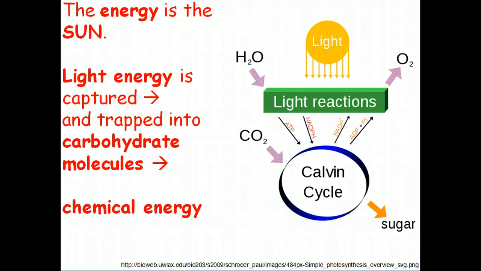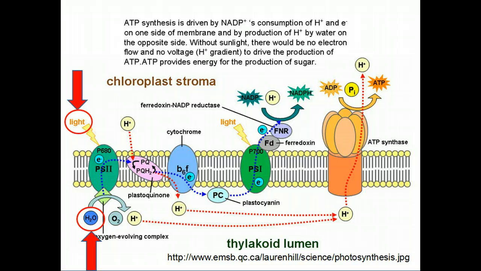So where is that going to happen? Let's take this part up here, the light-dependent reaction, where we have light and water molecules. Here we go on this slide. We're going to need a membrane. This is a chloroplast stroma, and this is where the chlorophyll will be.